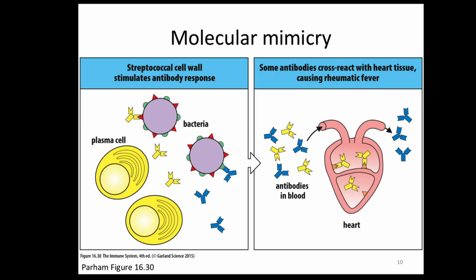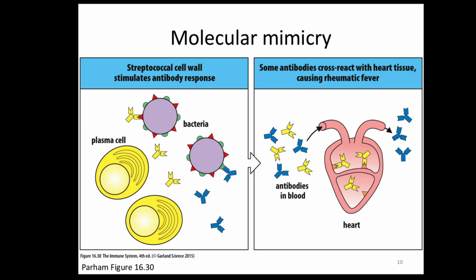In rheumatic fever, people get infected with a particular type of streptococcus, which has a particular molecule in its cell wall that we induce antibody responses to. You only actually induce these antibody responses if you have a particular HLA type, because you need the right kind of T cell help. But if you make that particular antibody response to that molecule, it turns out that molecule is also found in the heart.